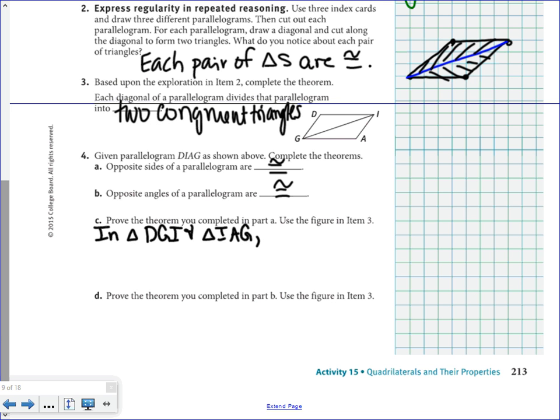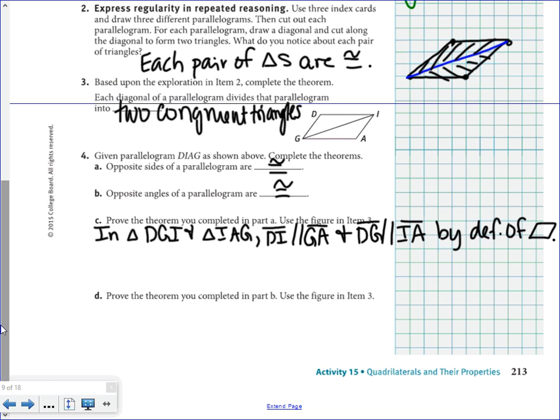And in those triangles, our sides DI and GA are parallel, and our sides DG and IA are parallel by the definition of a parallelogram. Since those sides are parallel, we have angle pairs that are congruent.